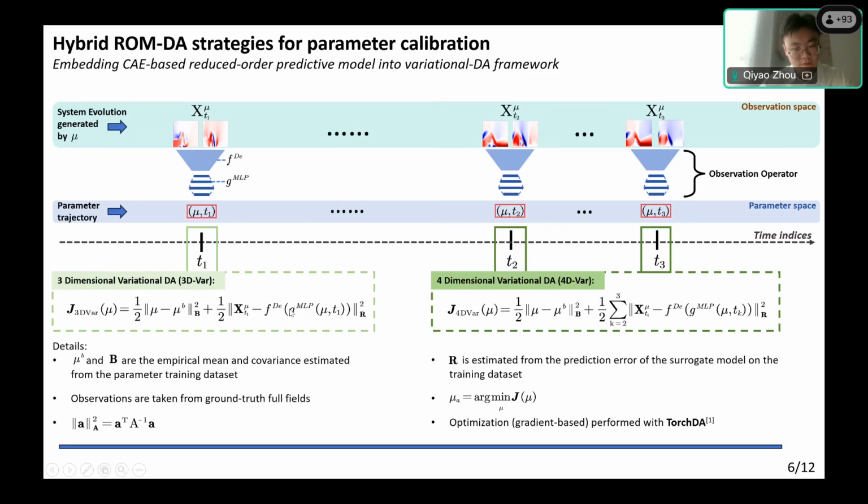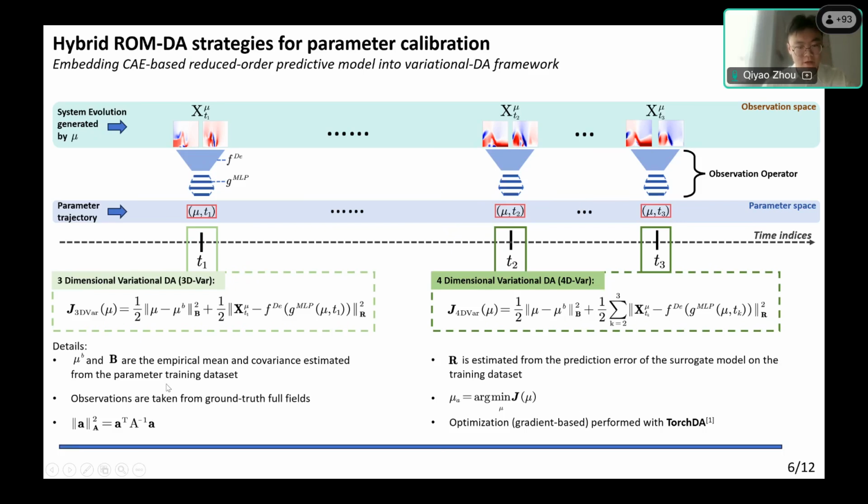The observation term penalizes the mismatch between the observed field and the surrogate prediction at one time step. For multi-time step assimilation, the structure is very similar, but now the observation mismatch is accumulated over multiple time steps.